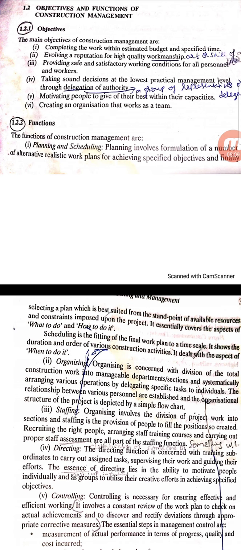For example, if I'm taking any project and the project duration is around 1 year, I need to plan for that. I need to plan for resources, for materials, for engineers, and I need to make sure that I am conducting meetings with the architects and structural engineers regularly.